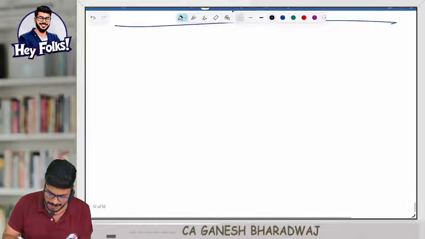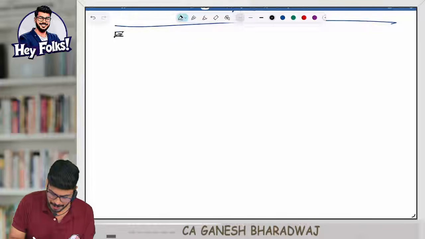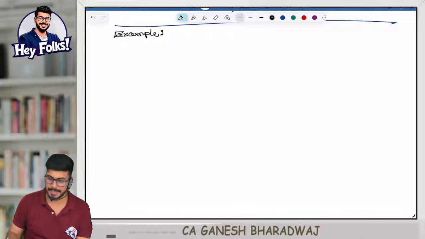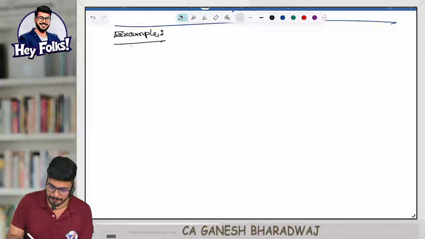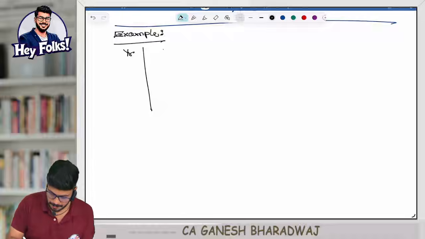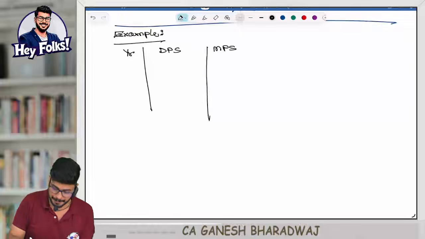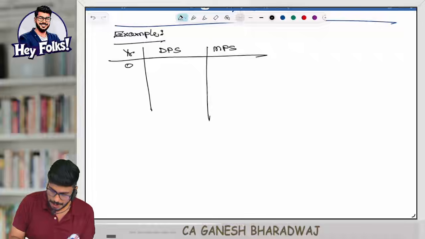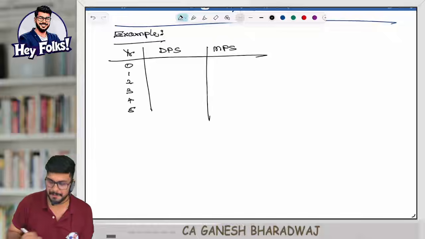Perfect. Take down this example. Write down. Example. I'll give you a data set. Here, dividend per share, DPS, and market price per share, MPS, for years 0, 1, 2, 3, 4, and 5.